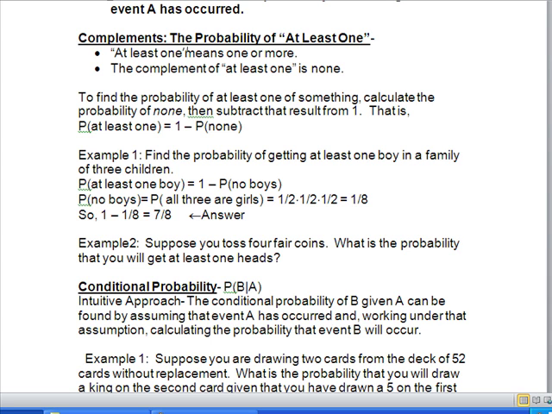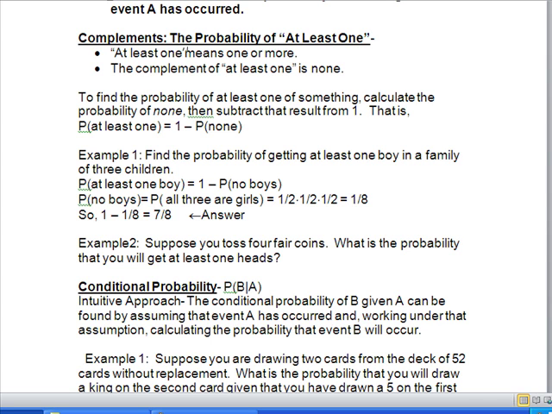So, in example 1, we're asked to find the probability of getting at least one boy in a family of 3 children. So that would be the probability of at least one boy is equal to 1 minus the probability of no boys. Probability of no boys means that we have 3 girls.